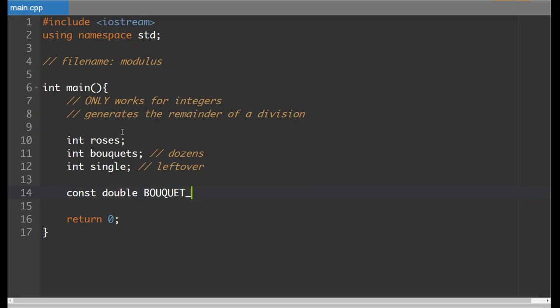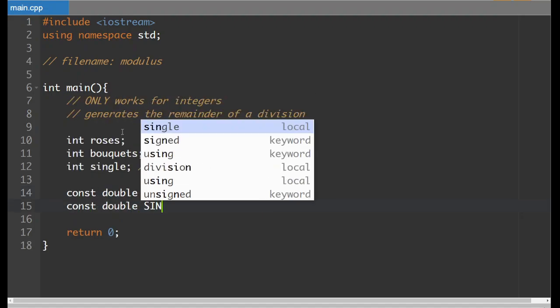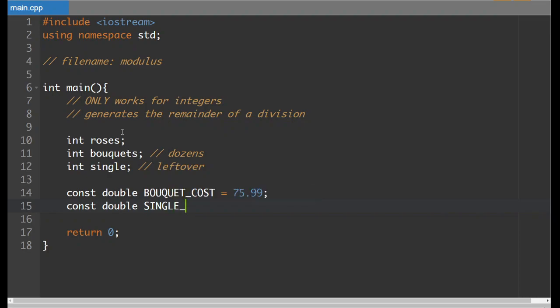And then when we need to represent multiple words, we can do it like this with a constant. So we're going to use an underscore for that. So let's say $75.99. Okay. Const double. Now the cost of a single rose is going to be $9.99. There we go. Okay. So these are the two prices.